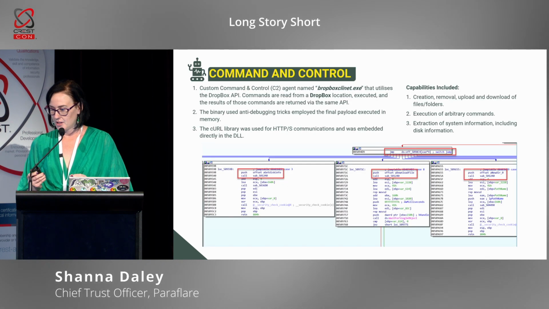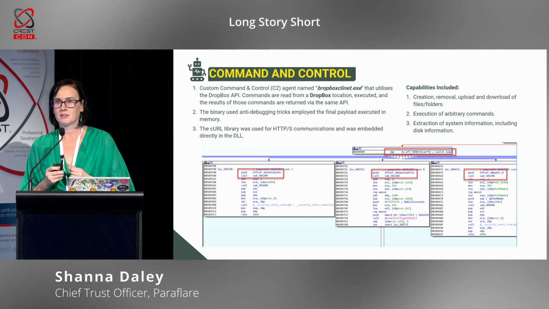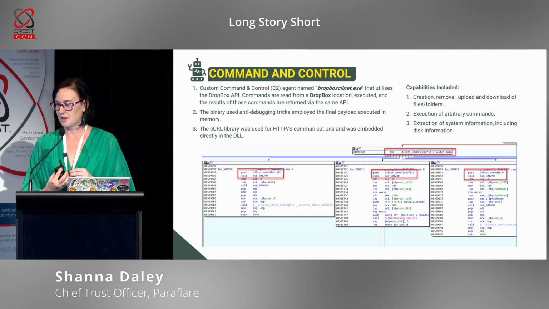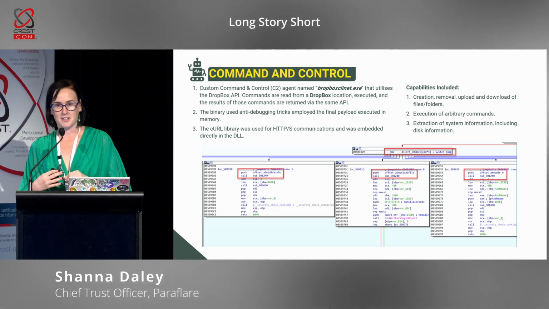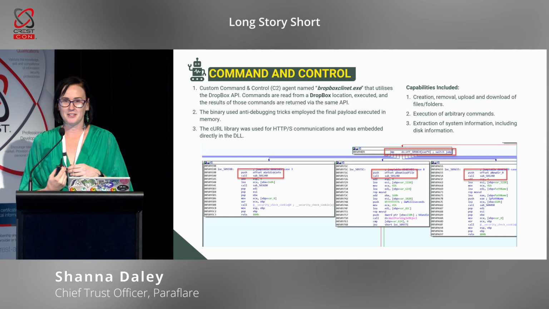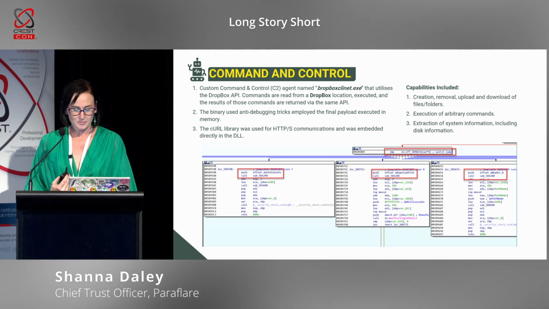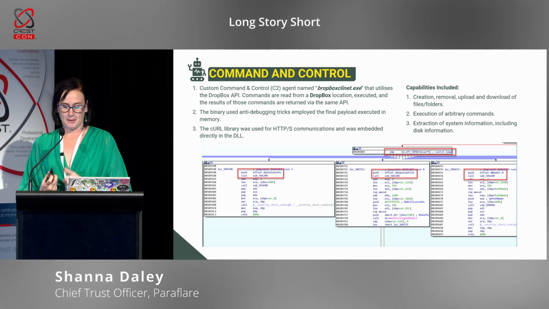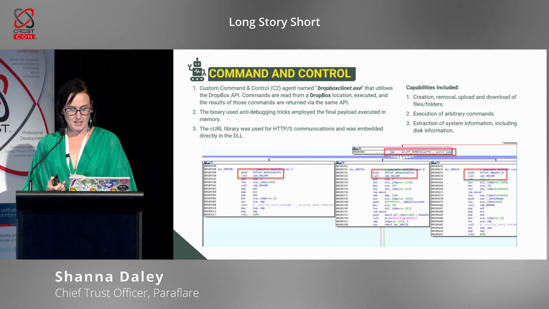So the command and control agent within the data.dat and data.bin that was loaded into memory was called dropboxclinet.exe. Not sure if the client part of that was a typo or not, but that utilized the Dropbox API. So it connected out to the Dropbox API to get its command and control.